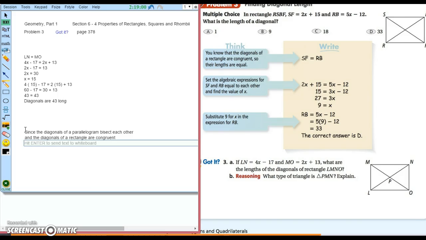So since triangle PMN has 2 sides congruent, we call that an isosceles triangle.